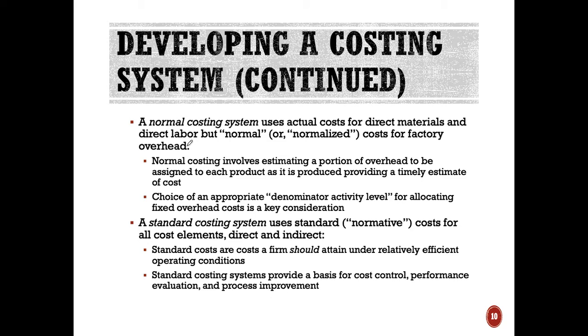Okay, how about normal costing? A normal costing system uses actual costs for direct materials and direct labor, but normal or normalized costs for factory overhead.